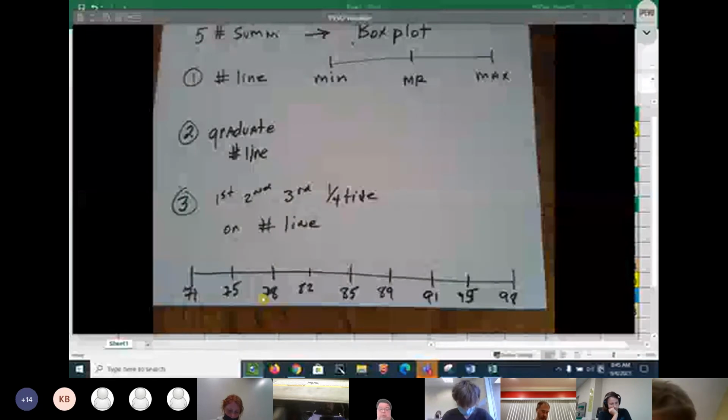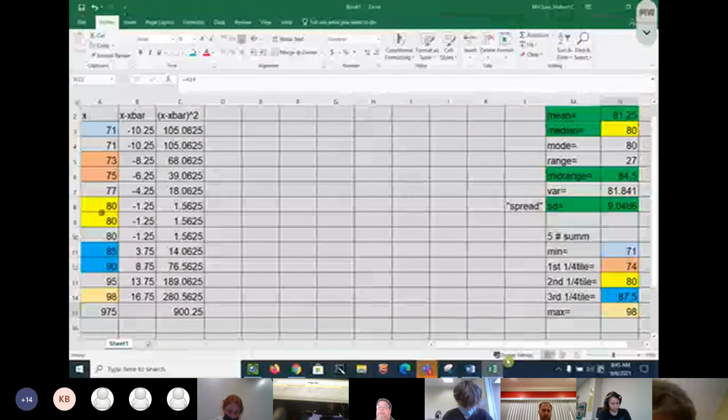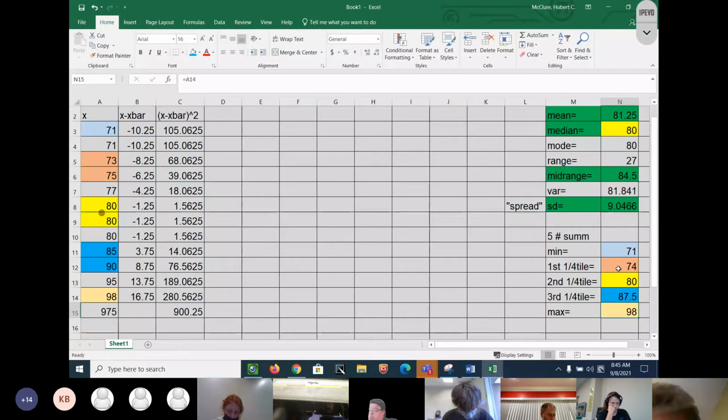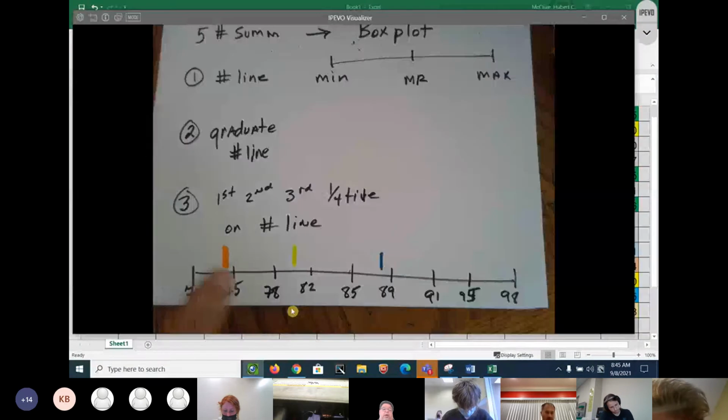That's number 2. Now, number 3. What is my first quartile? It's orange. My first quartile is 74. My second quartile is 80. And my third quartile is 88. I just plotted those 3 numbers, and that's your box.